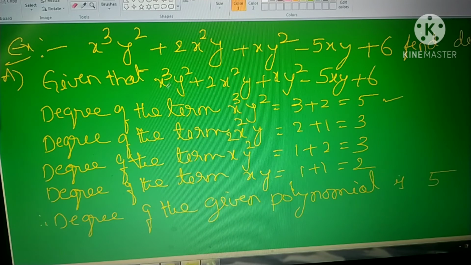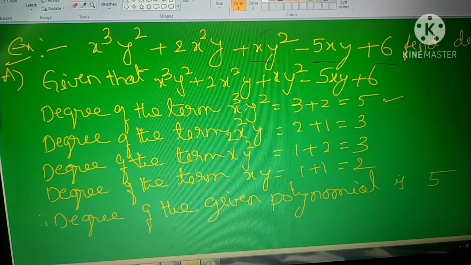How many terms are there? 1, 2, 3, 4, and 5. Five terms are there. First find the degree of the first term, x cube y square.